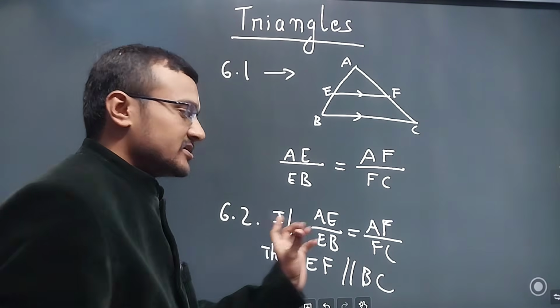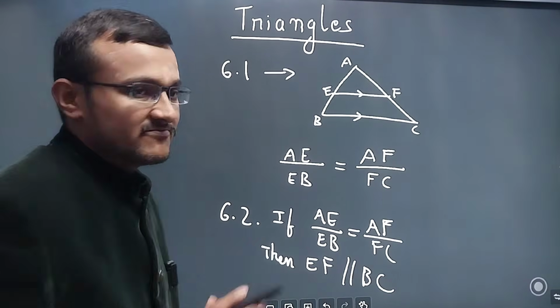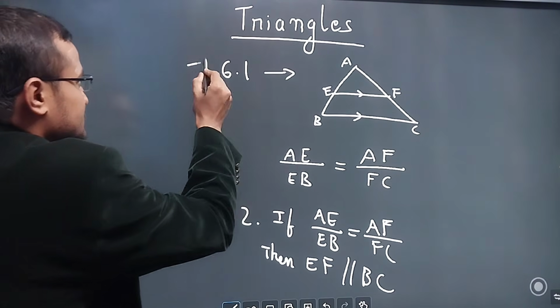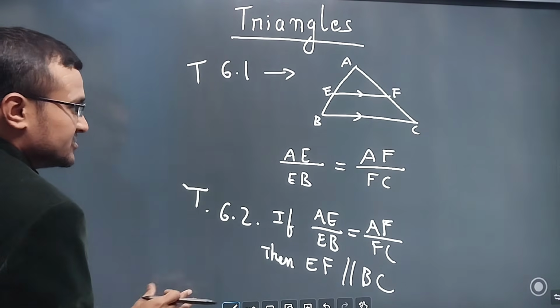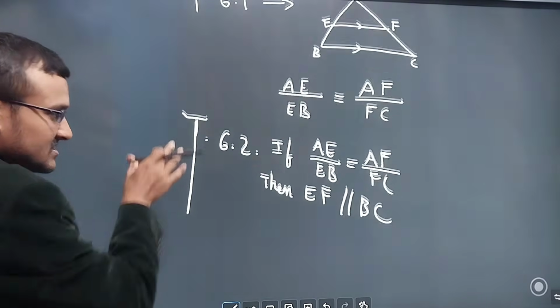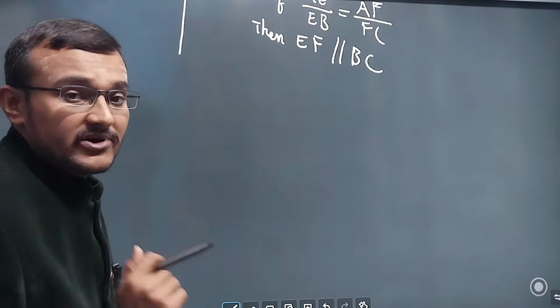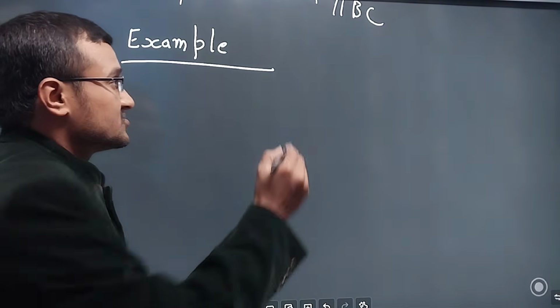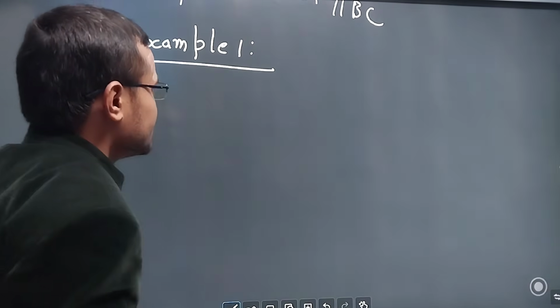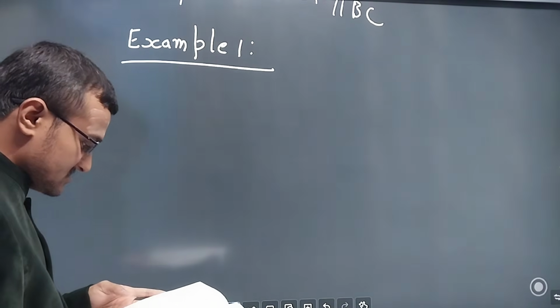So basically 6.2 is the converse of theorem 6.1. Based on these two theorems, we have to solve a few examples. So now we will move to the first example in this chapter based on theorem 6.1 and 6.2.